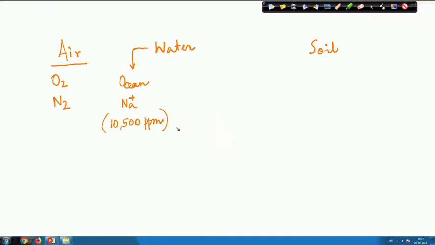So, this amount of sodium is available for us. This water we can use for the extraction of sodium and obviously the other anionic parts, because other anions will also be there.